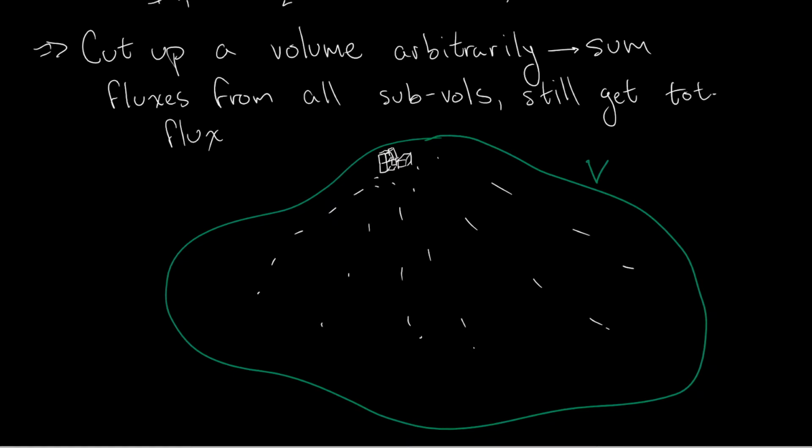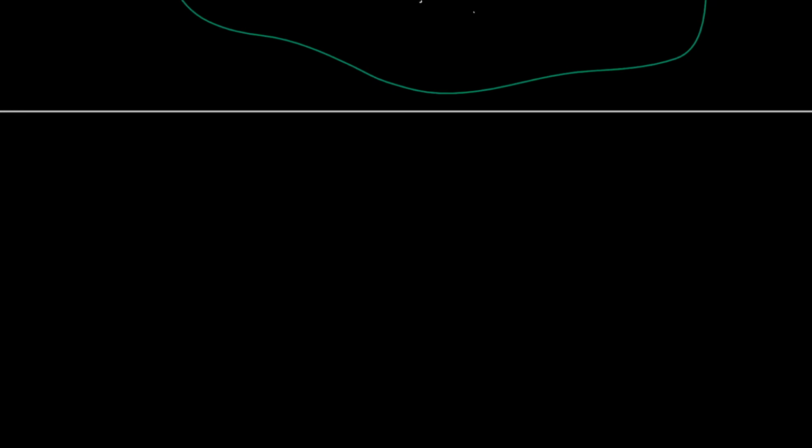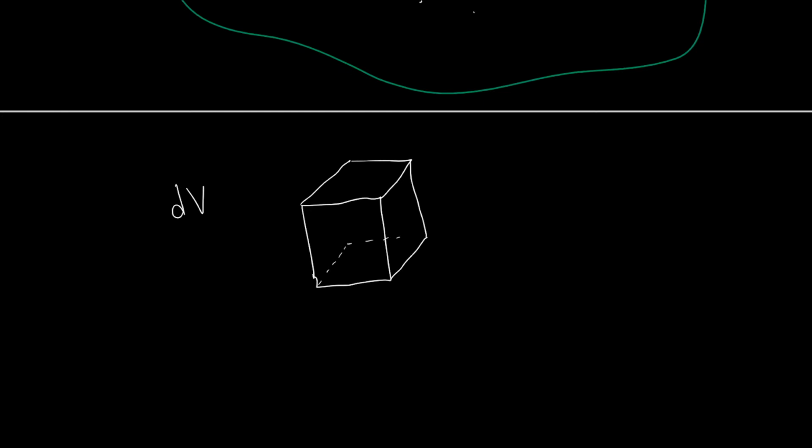In particular, I'm going to call each one of these dV. So if I blow up this dV, I'm going to draw it as a cube, but remember that this is a 2n dimensional cube. So it's not an actual cube, but my abilities to draw in 2 dimensions are lacking enough, I don't need to try to draw in 2n dimensions.